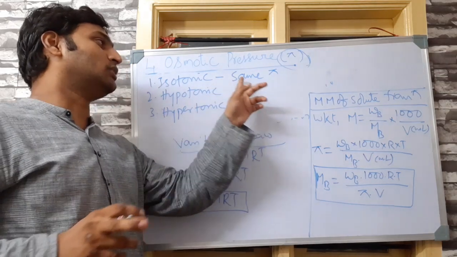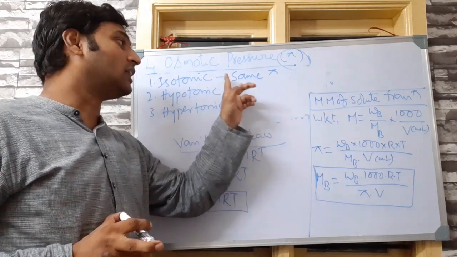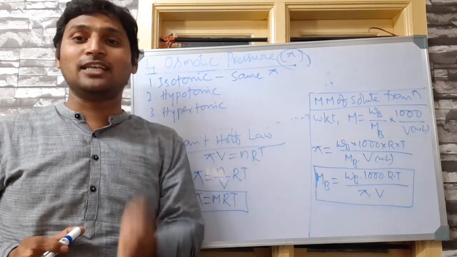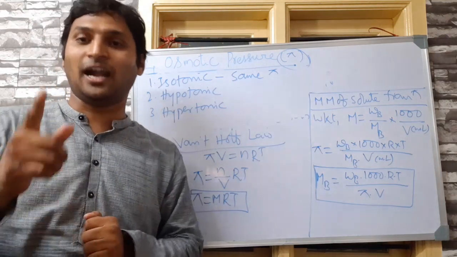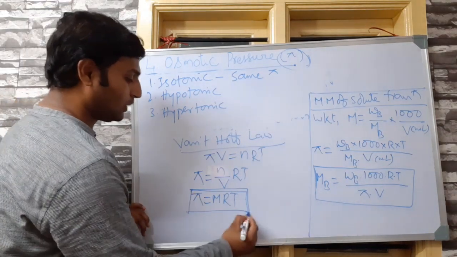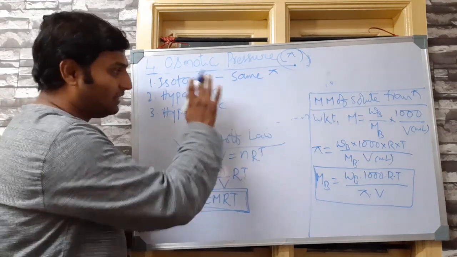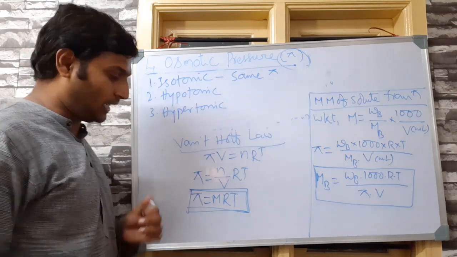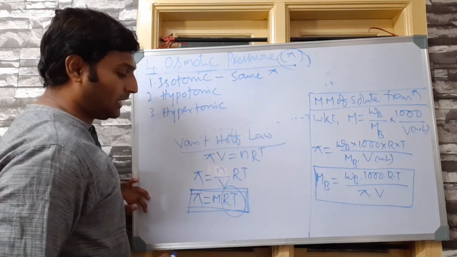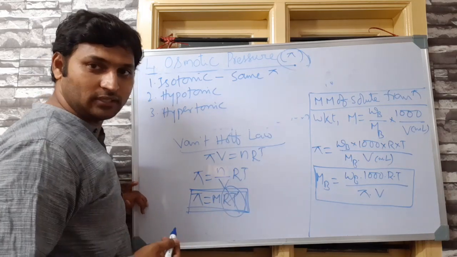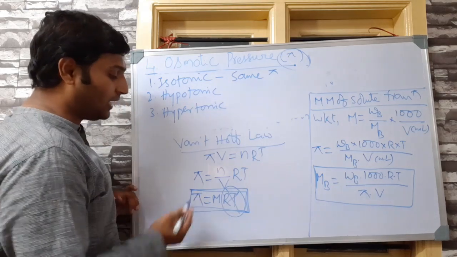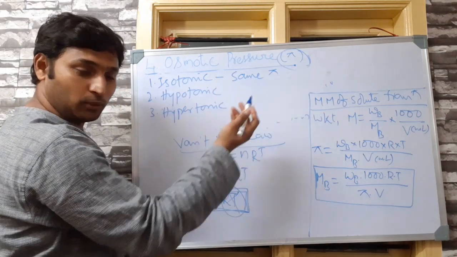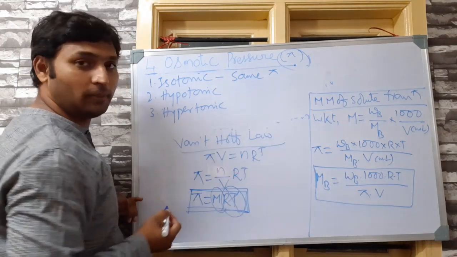So, a pair of solutions separated by a semi-permeable membrane, both of which have the same osmotic pressure, are said to be isotonic with each other. And by the way, look at the expression, pi is equal to mRT. At a given temperature, both liquids are kept at the same temperature, right? Both temperature and the universal gas constant are constants, so when pi is the same on both sides, that means concentration must also be the same.